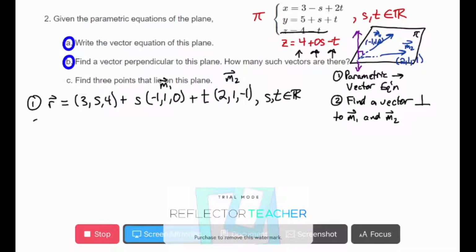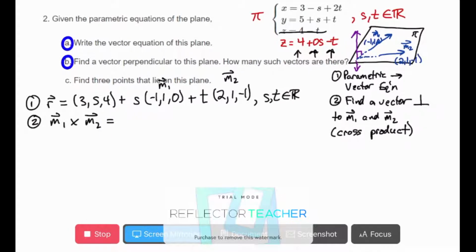So step 2, we're going to find the cross product of m1 and m2. So m1 cross m2. Remember, we can use the Miss Spring method. We're going to write out our points. So vector m1 we defined up here.